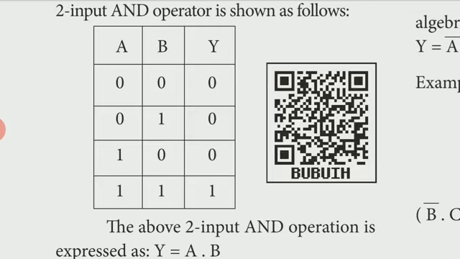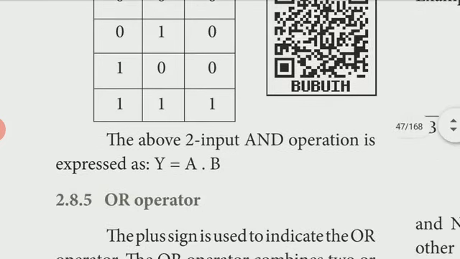For the remaining cases you will get the answer as 0, because only when both conditions are true does the result become true. The expression we can write as y equal to A dot B, that is A into B. Simply, you can remember it as y equal to A into B, or AB.